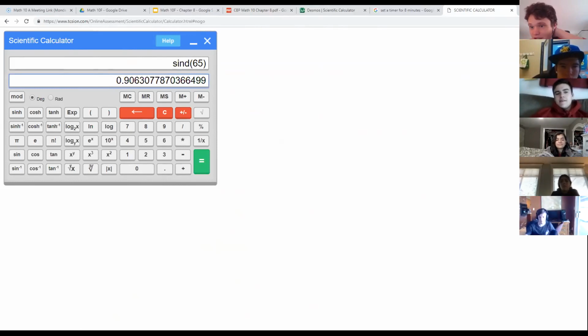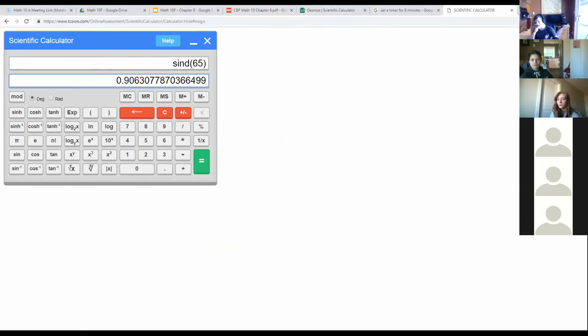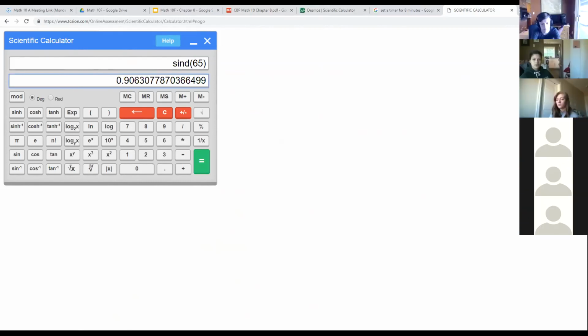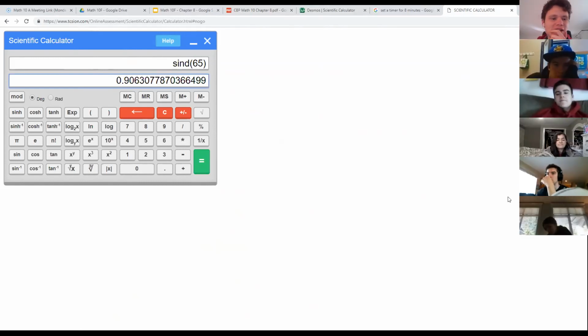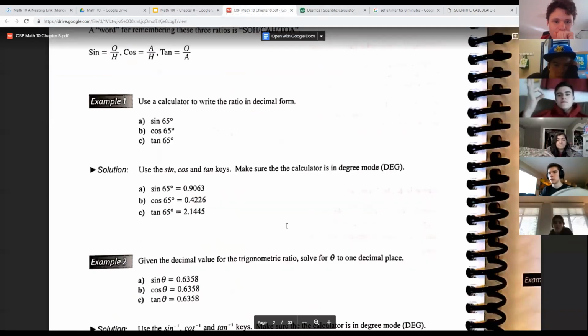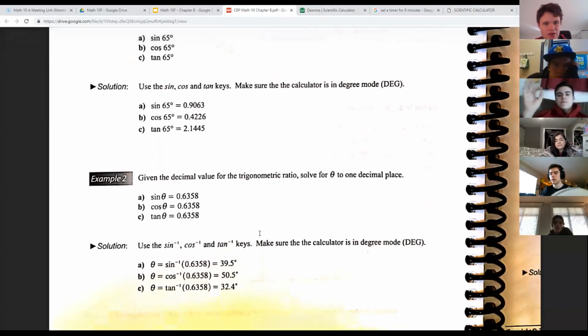Folks, you don't have a handheld calculator? Not anywhere nearby that I could possibly find. I see. If you have a digital one, okay, I understand. I can make you screen share, but I'm not going to do that. But please do make sure that you're practicing using these ratios. All right. So there we go.